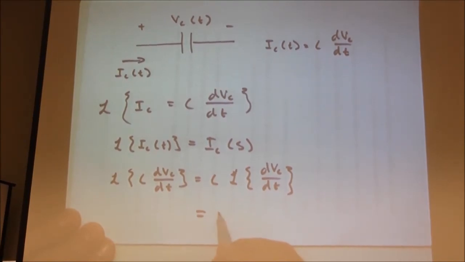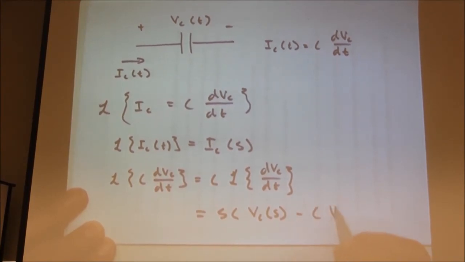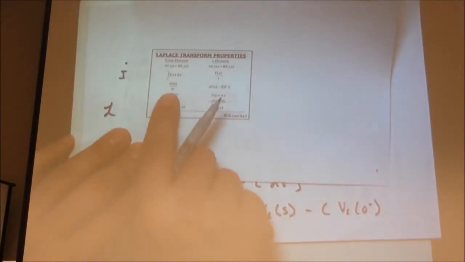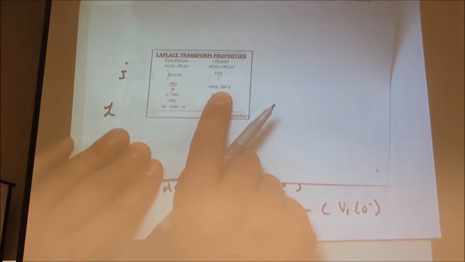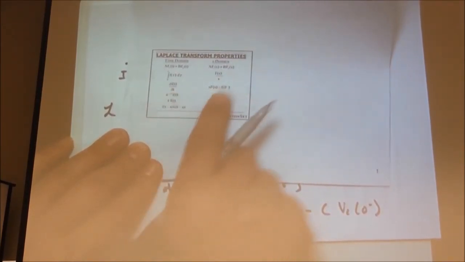And that winds up being SC VC of S minus C VC of 0 minus. Just plugging in, instead of using F like we see here, our VC. So all I'm doing is taking the Laplace transform of this, transforming it into this one.